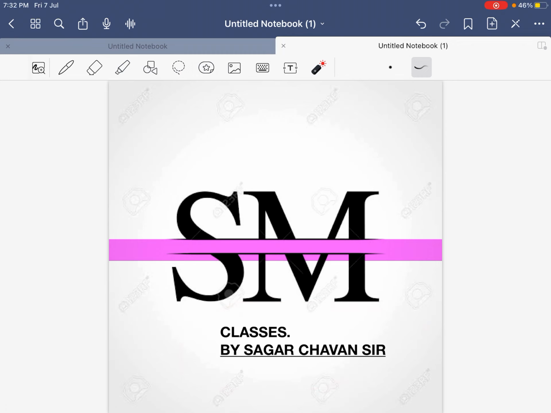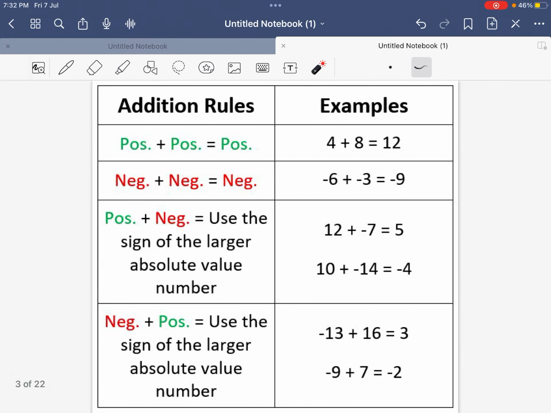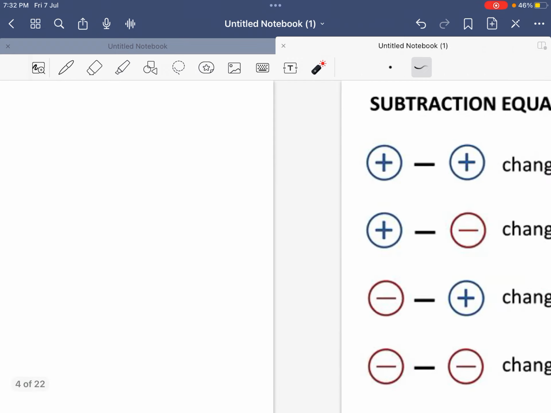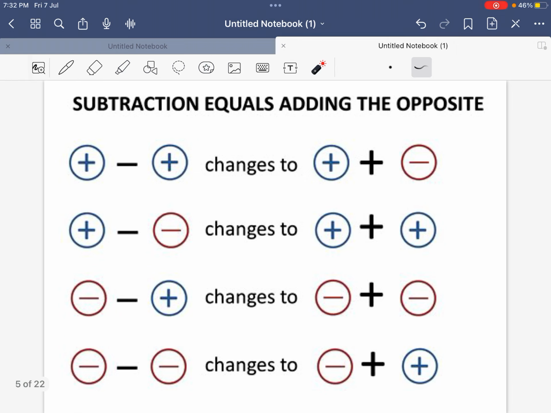So in the previous part 1, we did the addition of integers. We did when the positive numbers are there, when the negative numbers are there, or if mixed numbers are there, then what is the output. In which case we have to consider the answer as positive, and in which case as negative.